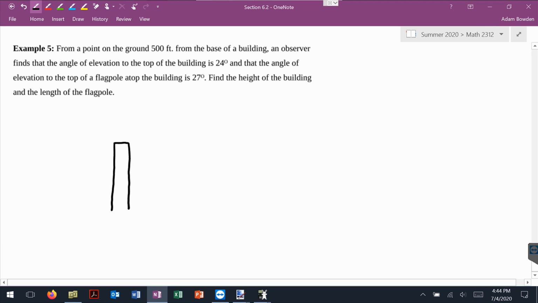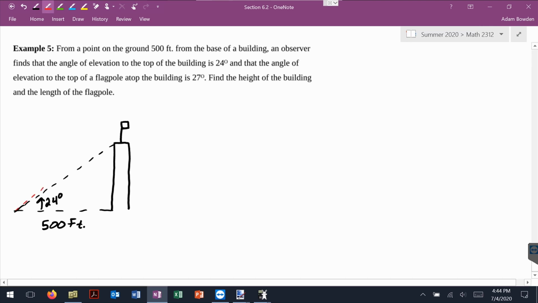So let's illustrate this here. This will be my building, and then there's a flagpole up here at the top of that. Then from a point 500 feet from the base of the building, we measure the angle of elevation up to the top of the building and get 24 degrees.